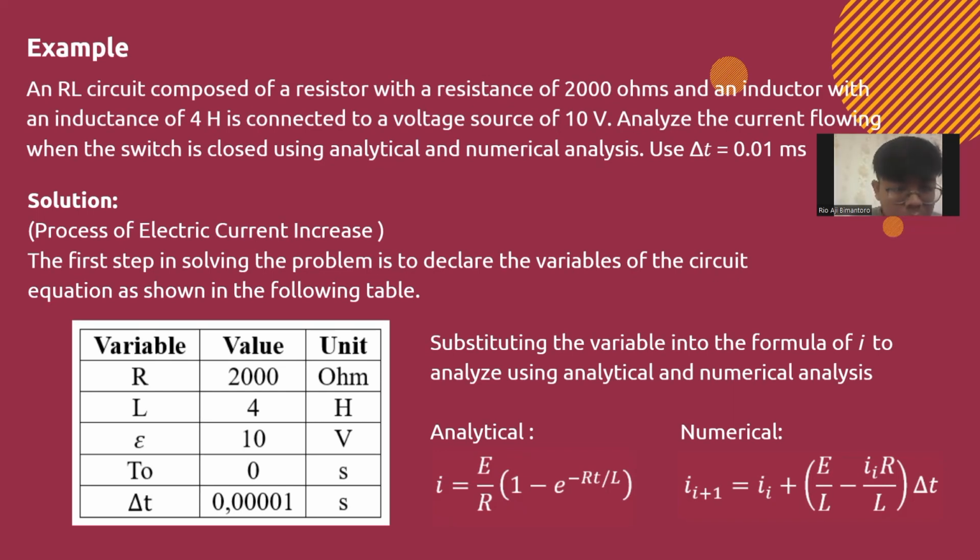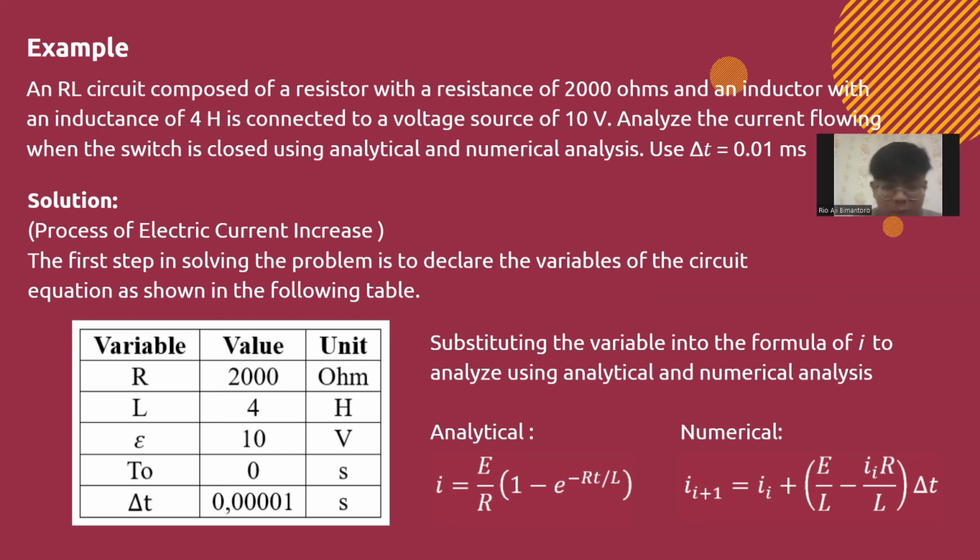We get the resistor is 2000 ohm, the inductor L is 4 Henry, the E, there's no epsilon, there's E, is 10 volts, it starts from 0 second, and the delta t or the gap of the time is 0.00001 second because we convert it from 0.01 millisecond into second. And then we substitute the variables into the formulas of the analytical and numerical methods.